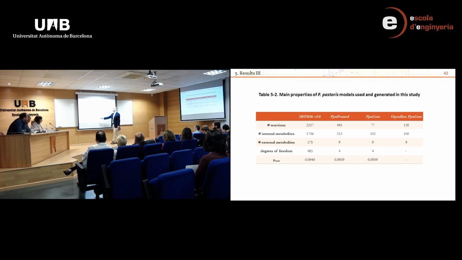We just tried by setting a specific substrate uptake rate. I can't remember the experimental substrate uptake rate, and so there's this value.